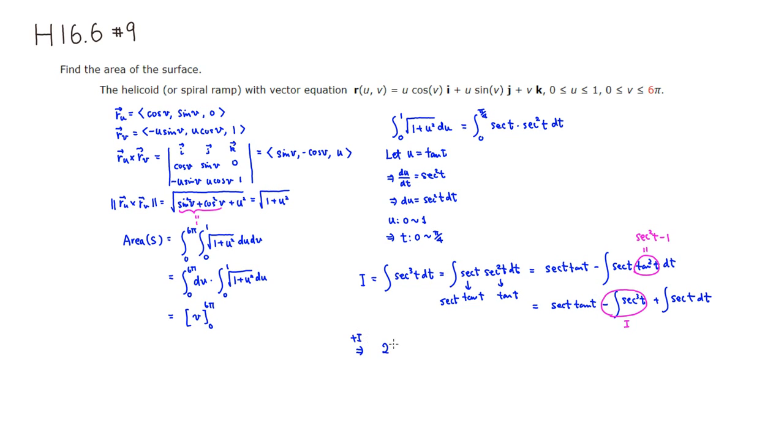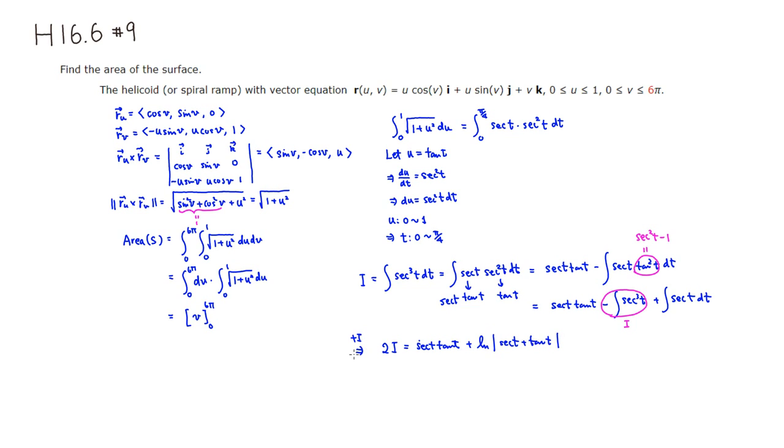So we get 2I is equal to secant of t tangent of t plus the integral of secant of t, which is the natural log of the absolute value of secant of t plus tangent of t.